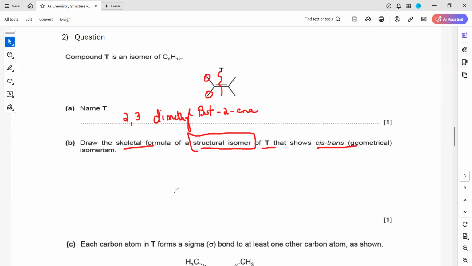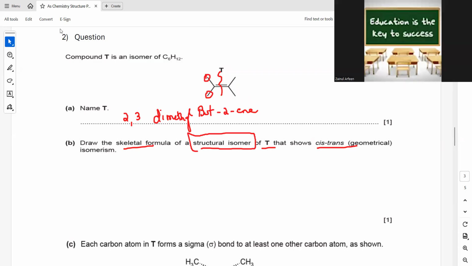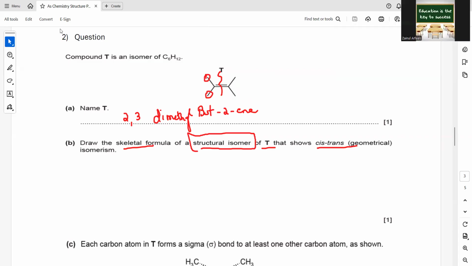So what we will do, we can just make the same structure when we want to make either a cis or a trans. And how many total carbon do I have? If you see 1, 2, 3, 4, 5, 6 carbon atoms I have. So I want to just arrange 6 carbon atoms in a way that I can make the geometrical isomer.